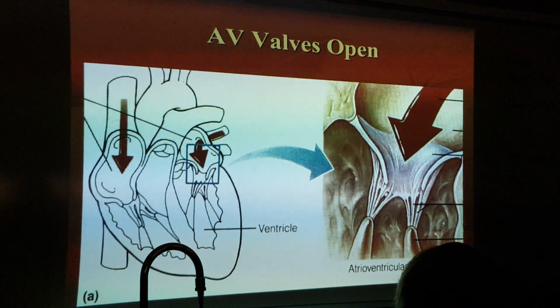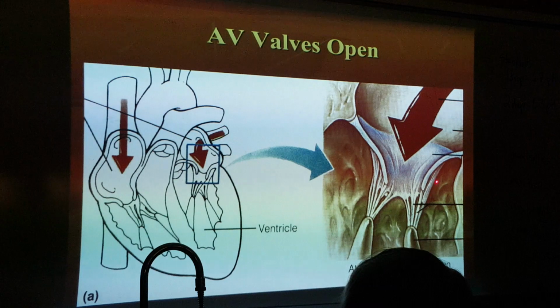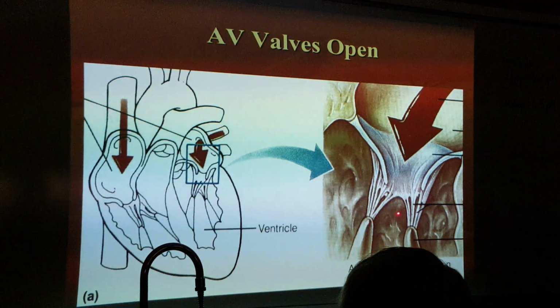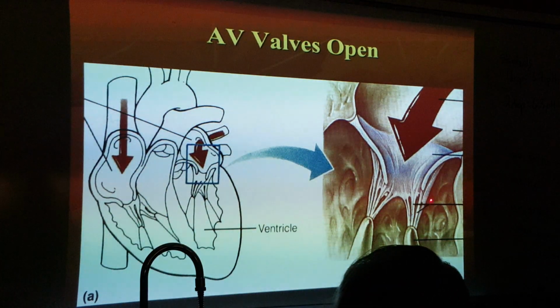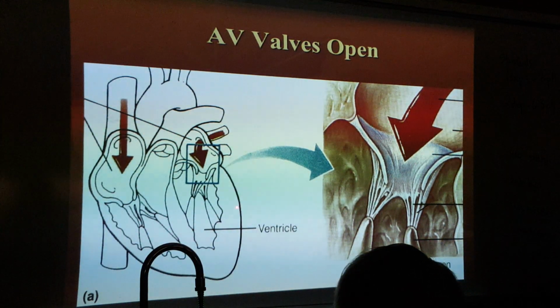Okay, and here's a little picture of the chordae tendineae. When the heart is at rest, the cusps of the AV valves are held open by the chordae tendineae, and blood just falls into the ventricles. Okay?